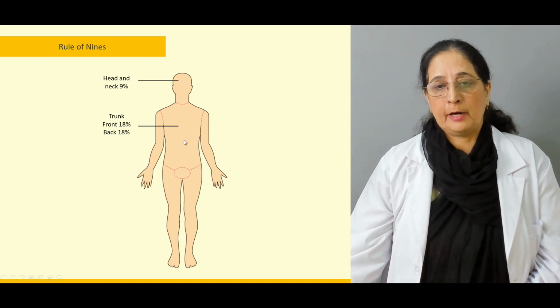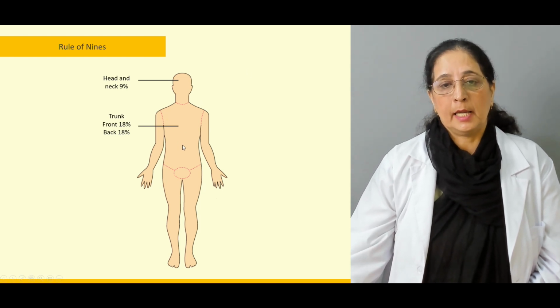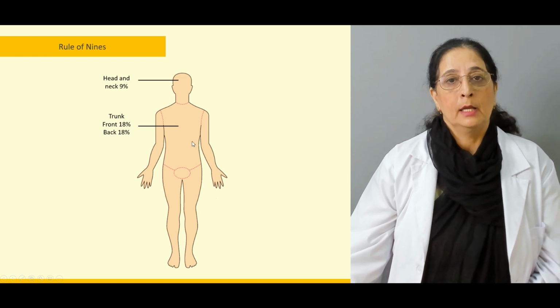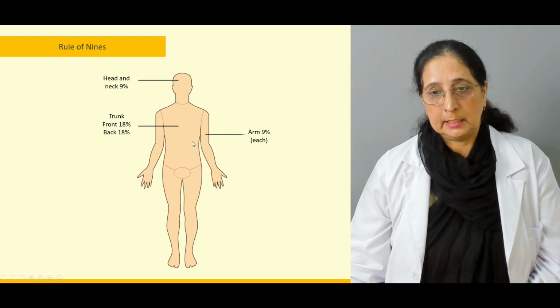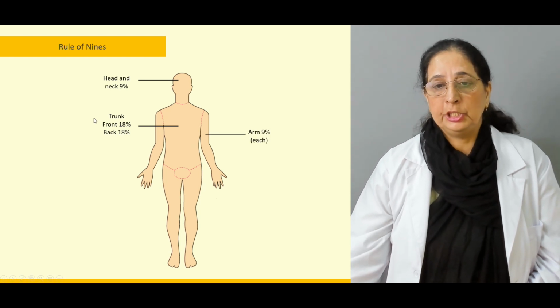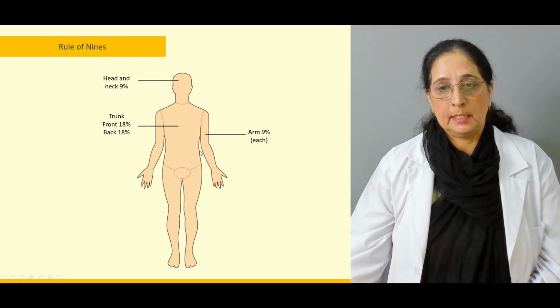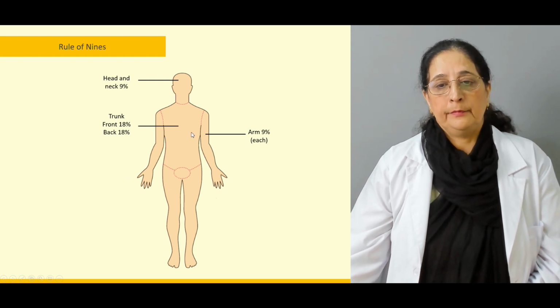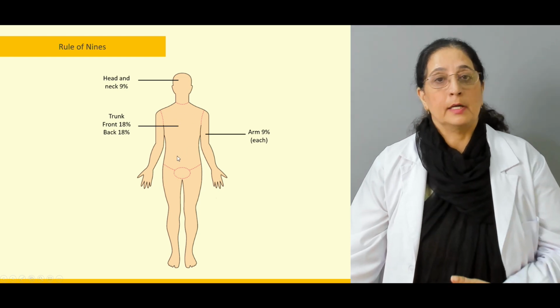Trunk, front is 18% and back is 18%, so front and back both is 18%. Each arm is 9%, 9% right arm, 9% left arm. Actually, if we talk about the front, 9% is the chest and then the front abdomen 9%.